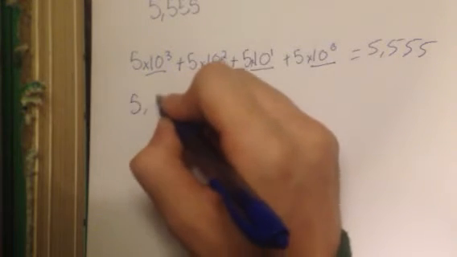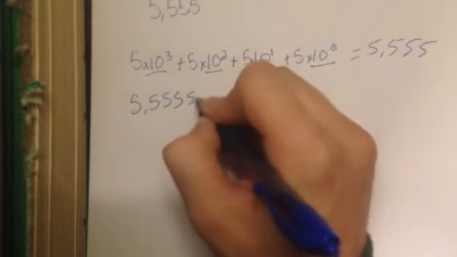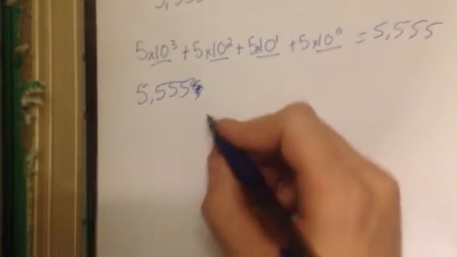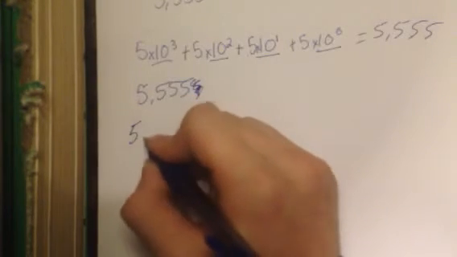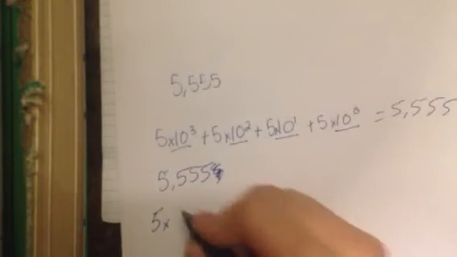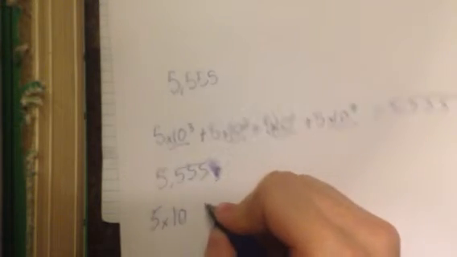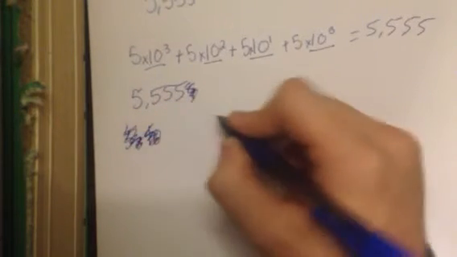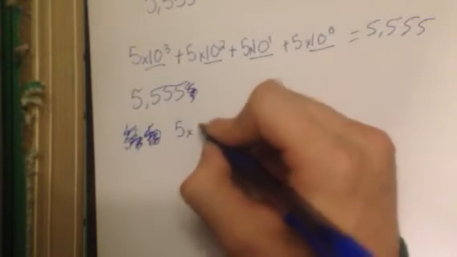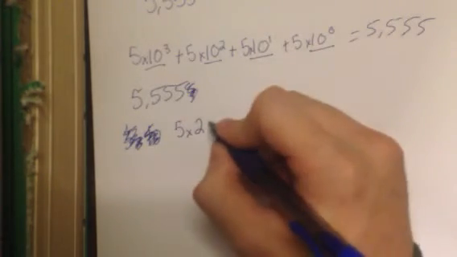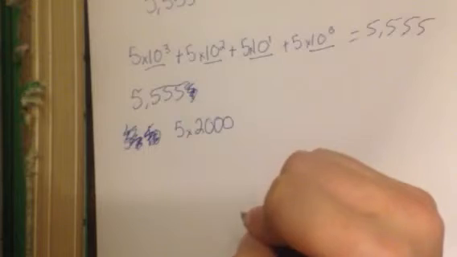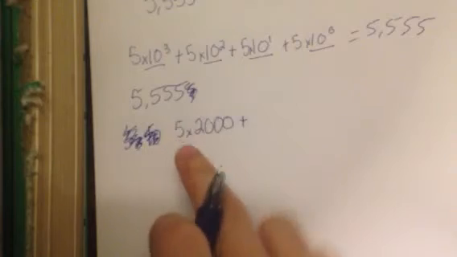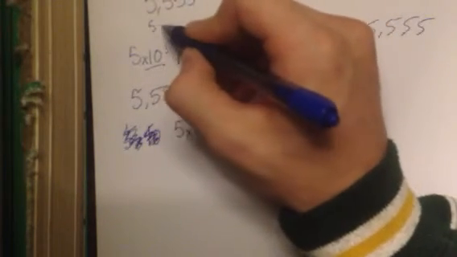So this number, 5,555, would be written out as 5 times 20 to the third power, or 8,000, plus... just like here, 5 is in the thousands place.